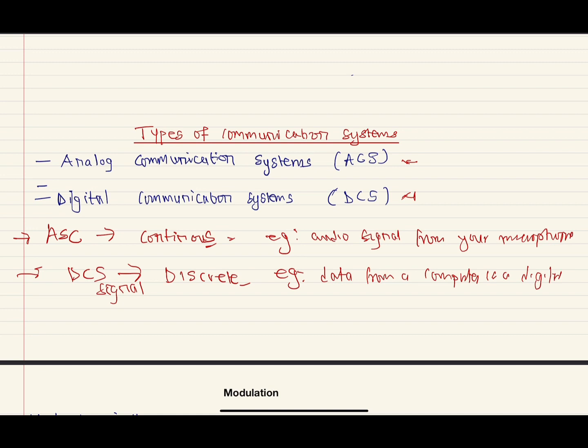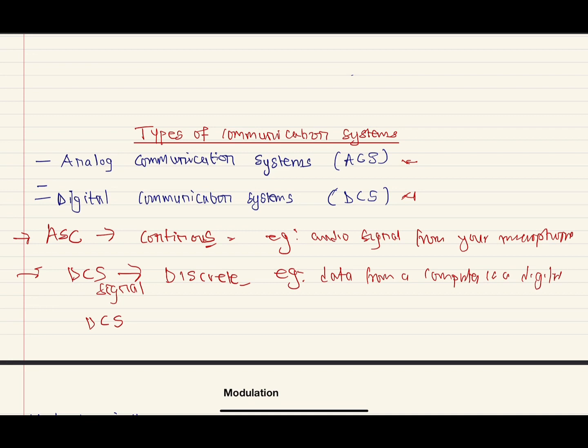Digital signals are more immune to noise than analog signals. So basically, this means that DCS can be transmitted over a very long distance and through more noisy environments than analog communication systems. That's what we need to take note of.